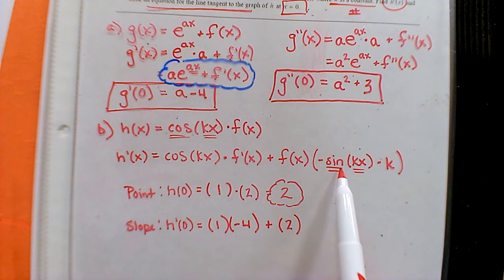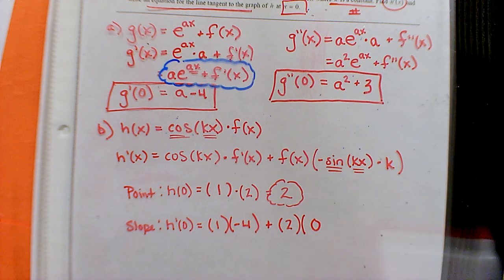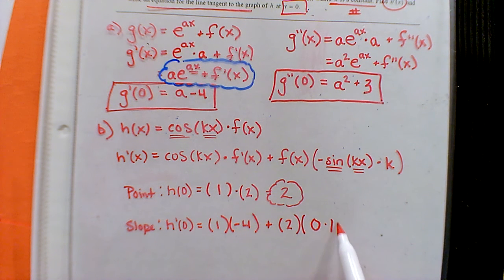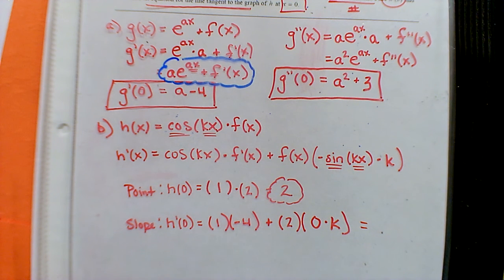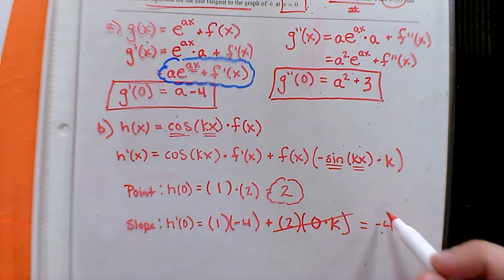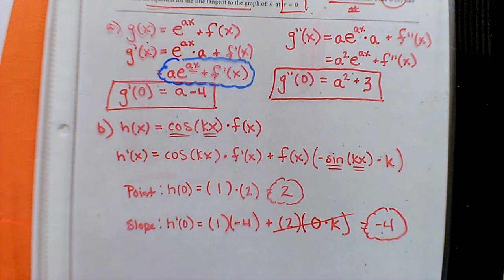What about negative sine of 0? Sine of 0 is 0. And we're multiplying by k. Okay, there's no x attached to that one. So what's the slope value? -4, right. This whole term's going to go away because we're multiplying by 0. So notice how the slope value is -4.